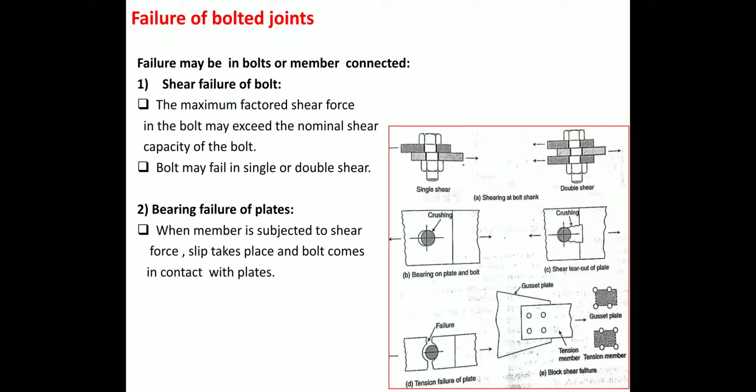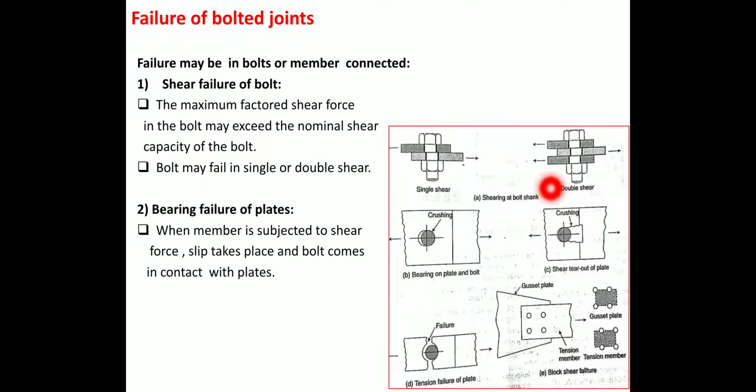If you go through the first figure of shear, two plates are placed like this, and whatever the tensile force is acting towards right, again a tensile force is acting towards left. If such a situation arises, the bolt may fail like this, because here the shearing plane is 1. If two plates are placed one above the other, shearing will take place in one plane.